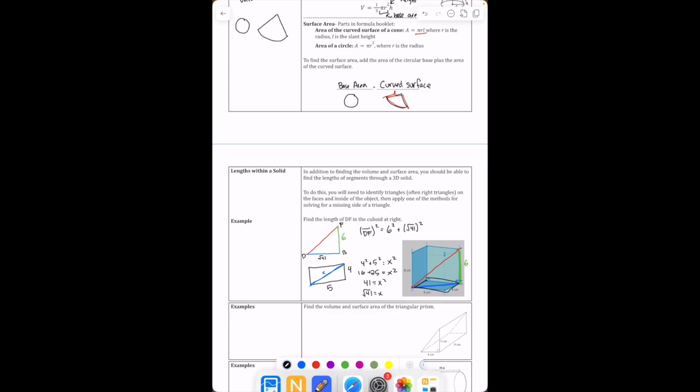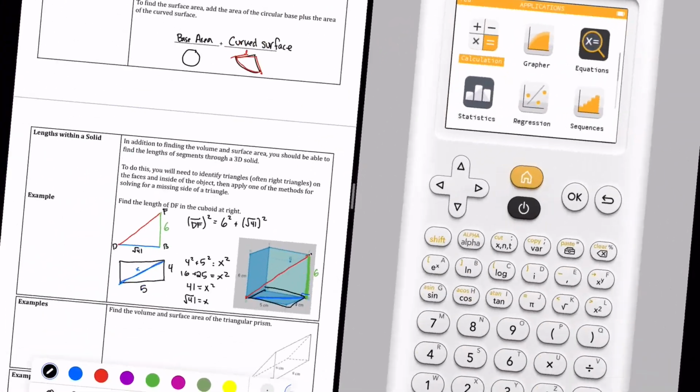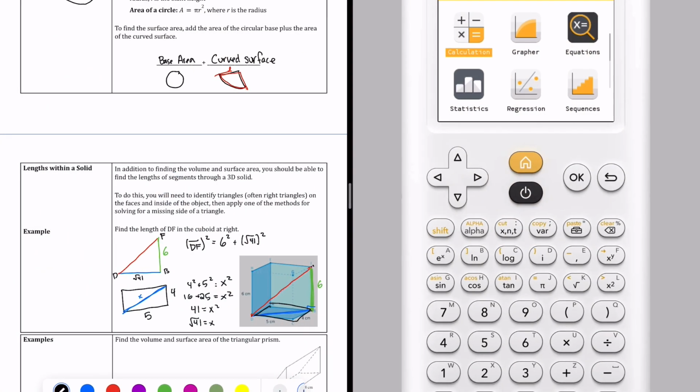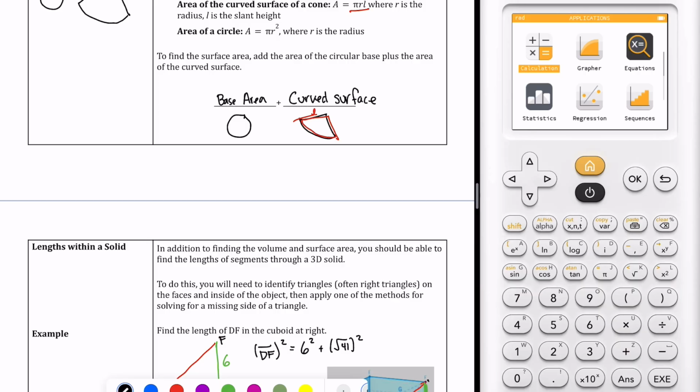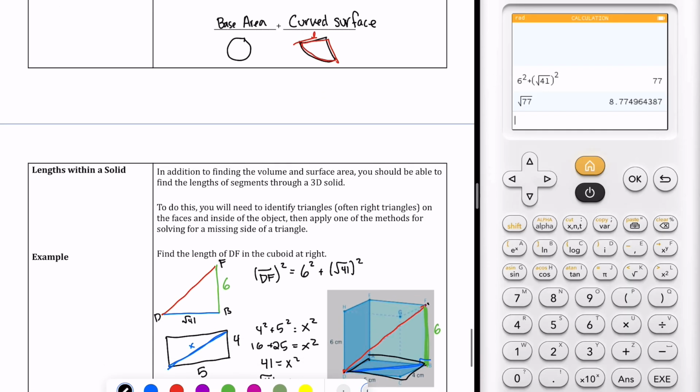So we have 6 squared plus root 41 squared, which is 36 plus 41, and we get 77, and then the square root of 77 is equal to 8.77 if we're rounding to 3 sig figs.